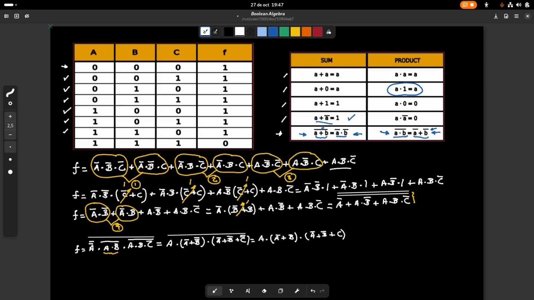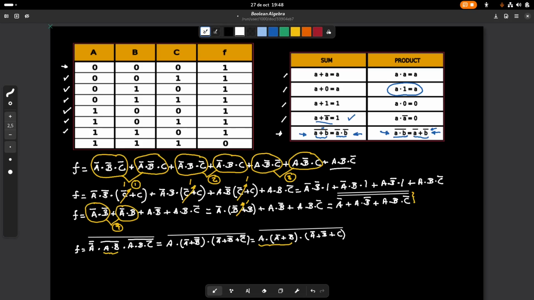And I have to rewrite the upper negation. So I'm going to multiply these two factors so I can continue minimizing these terms.